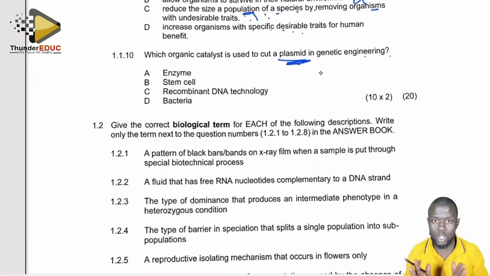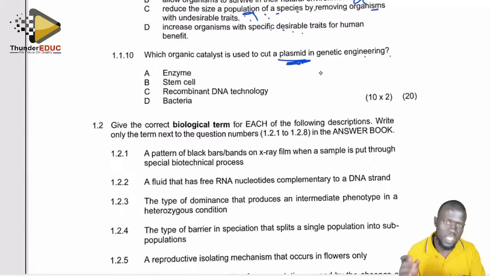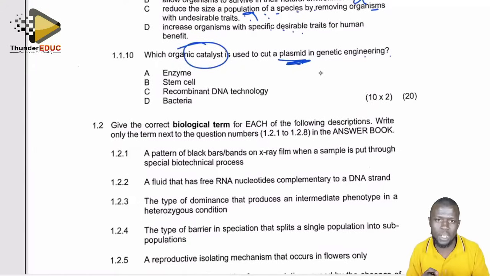Restriction enzymes are enzymes which cut at a specific area of the genetic material. So they are used to cut the plasmid's DNA so that the one which you want to multiply is inserted inside there. So when they say organic catalyst, definitely we are talking about enzymes, the restriction enzymes.